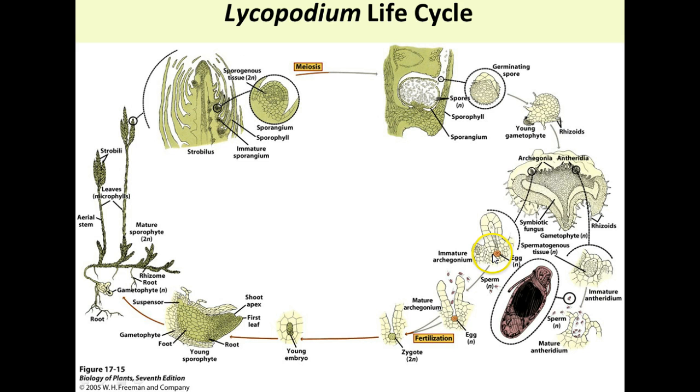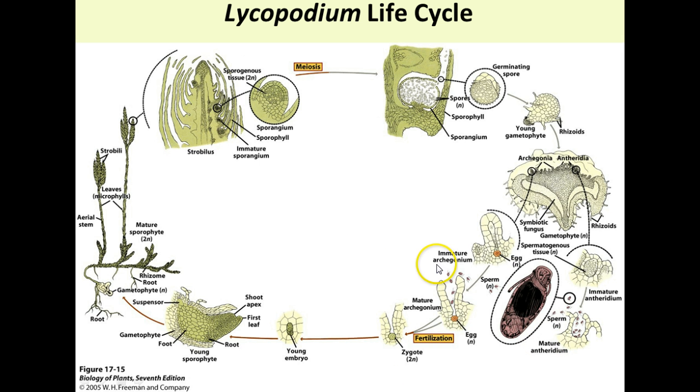And if we look closely, here's our immature archegonium with a developing egg and an immature antheridium that's going to produce sperm. The sperm are fun because they're double flagellated and they don't swim in a very directed motion. They tumble and switch.